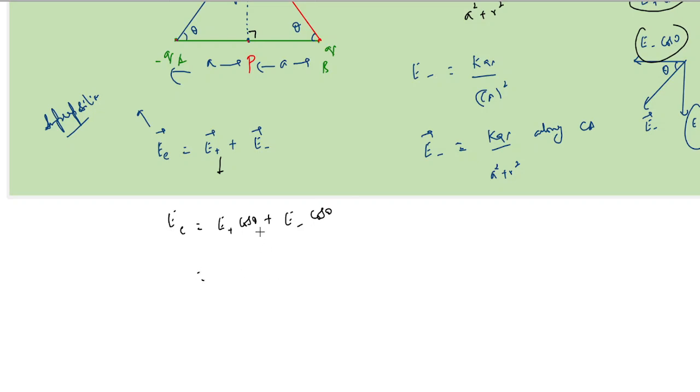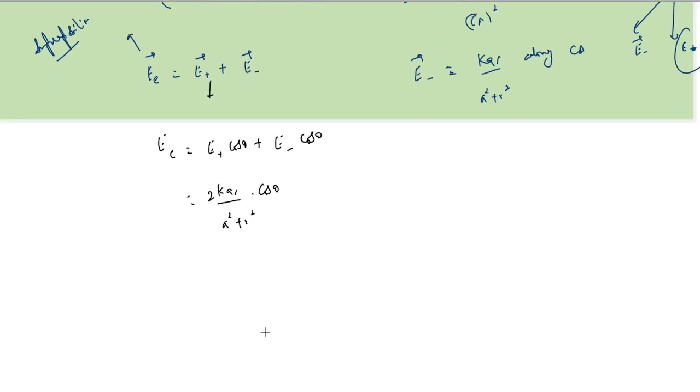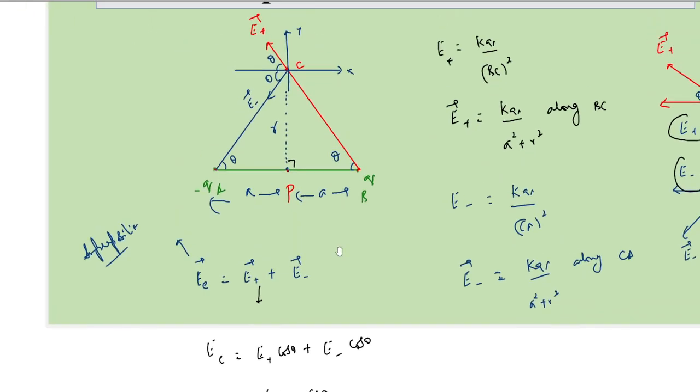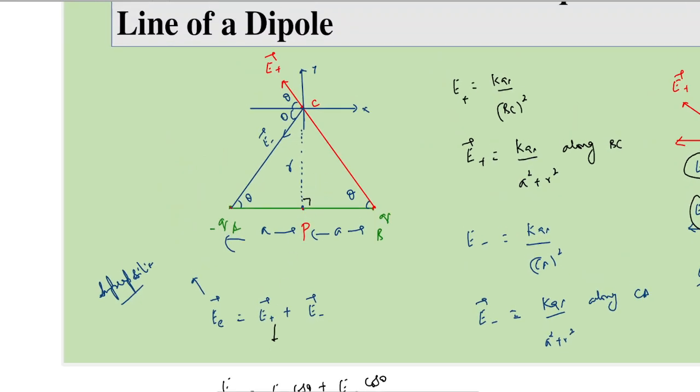But E plus and E minus are the same in magnitude. So it becomes KQ by A square plus R square, twice of it, into cos theta. And let's find what cos theta is from this triangle. If you look at triangle APC or triangle CPB, cos theta would be adjacent, which is A, by CA, which is the hypotenuse.